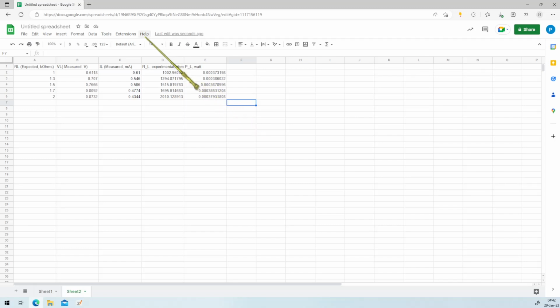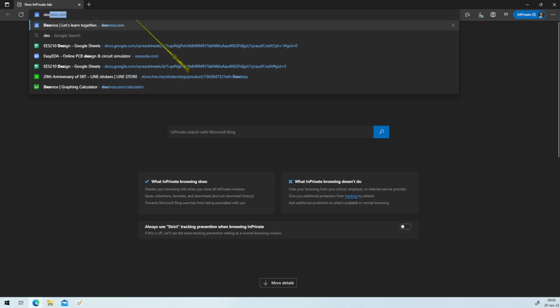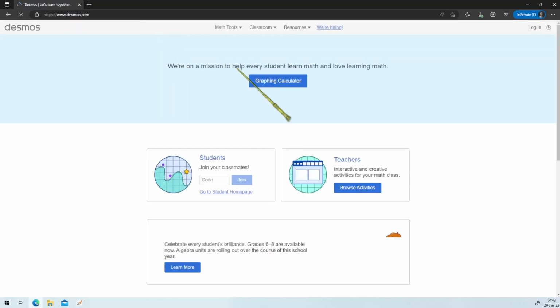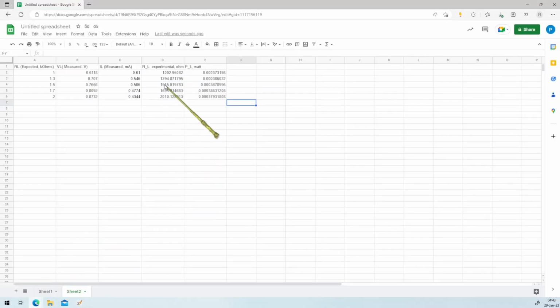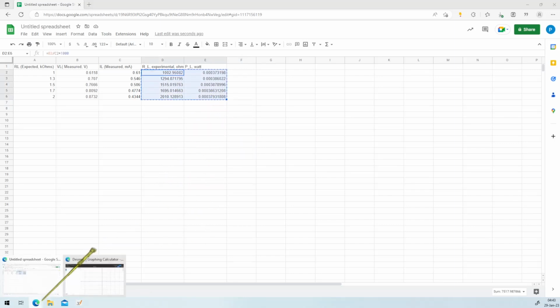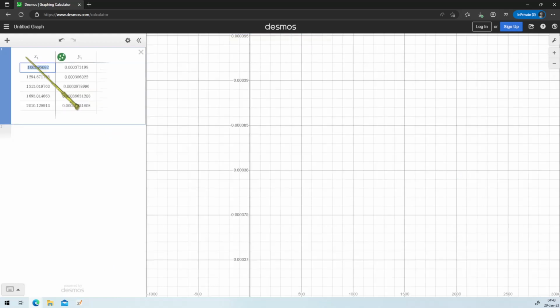The next is the tool that I would like to introduce to you. It's called Desmos. Desmos is a graphing calculator that we can put our data in. I can copy this, Ctrl V. This is RL, and this is PL.